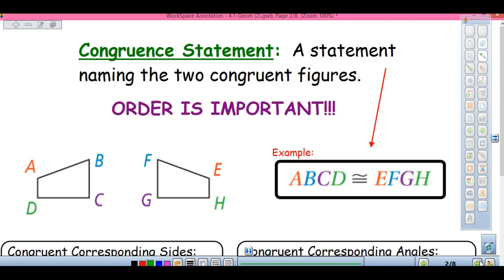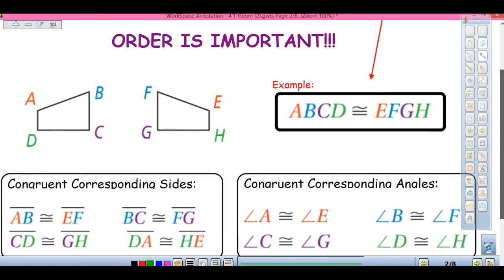The order is important. You've got to go with corresponding angles and sides. If we look at ABCD, it is congruent to EFGH, where A goes with E. So it's got to go in the order of what is congruent. Based off of the congruence statements, you can tell which sides and which angles are congruent.